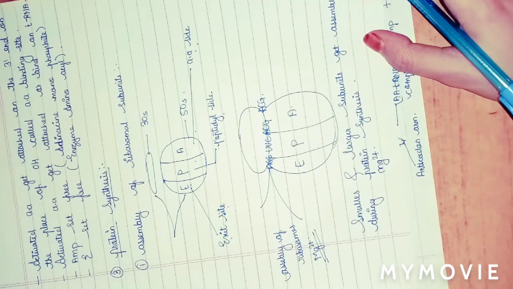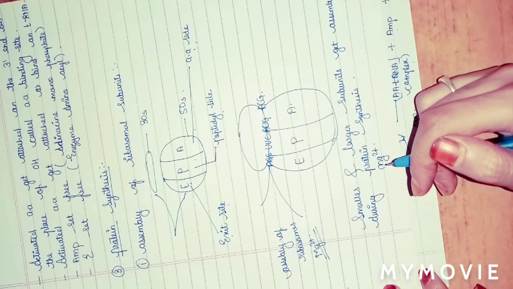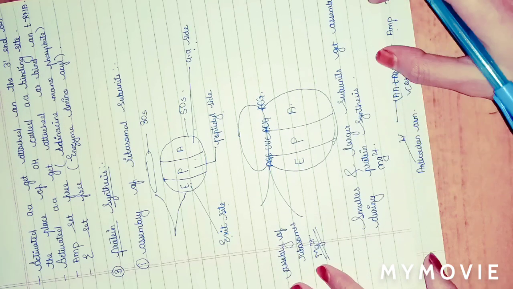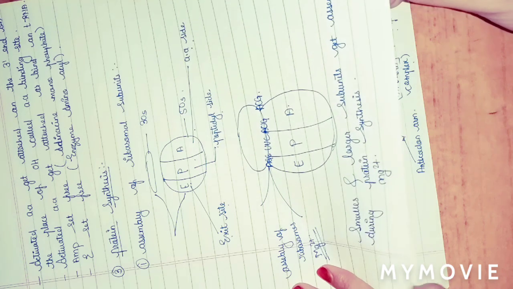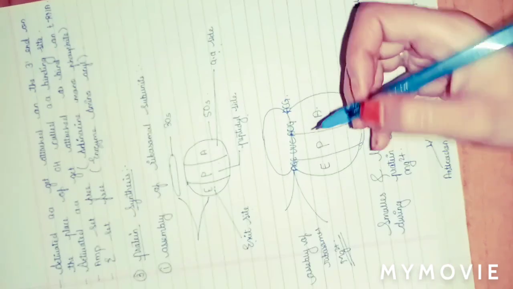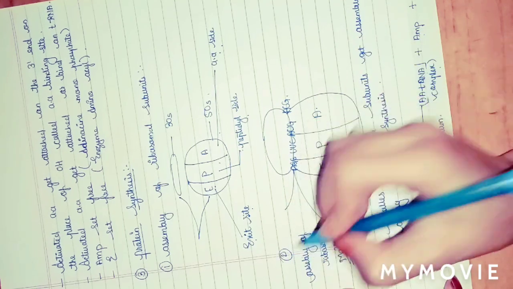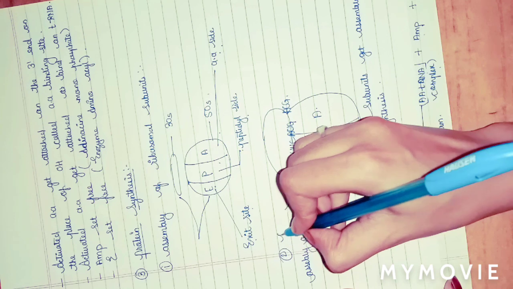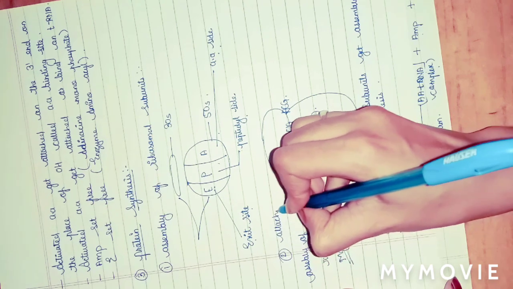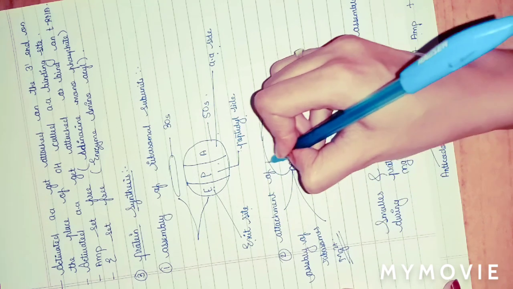Now the next step of protein synthesis is attachment of mRNA. Now mRNA gets attached on this ribosomal subunit. Okay. Now the second step is attachment of mRNA.